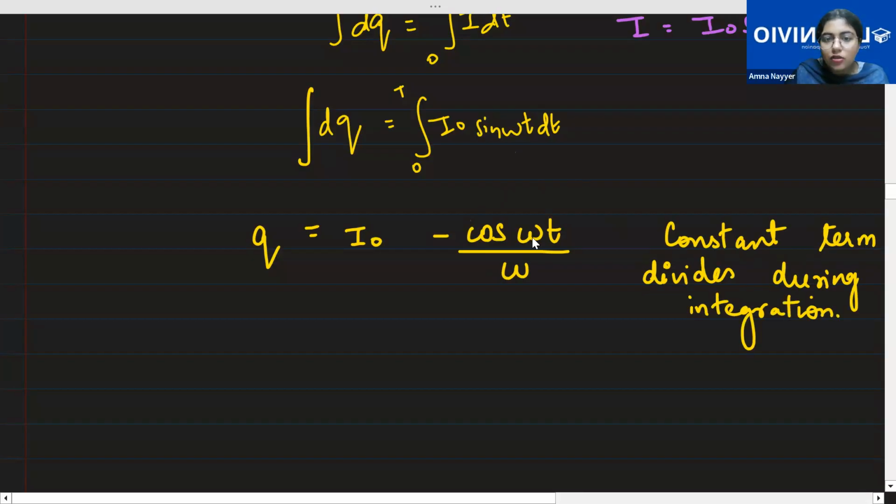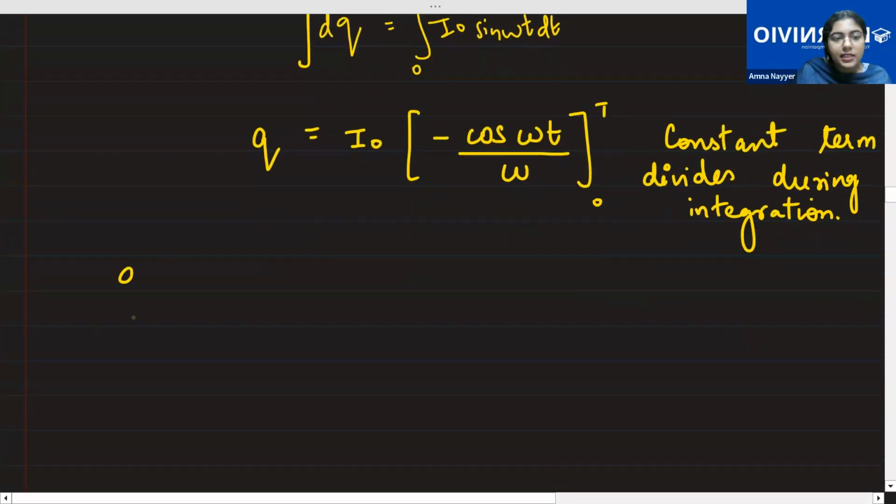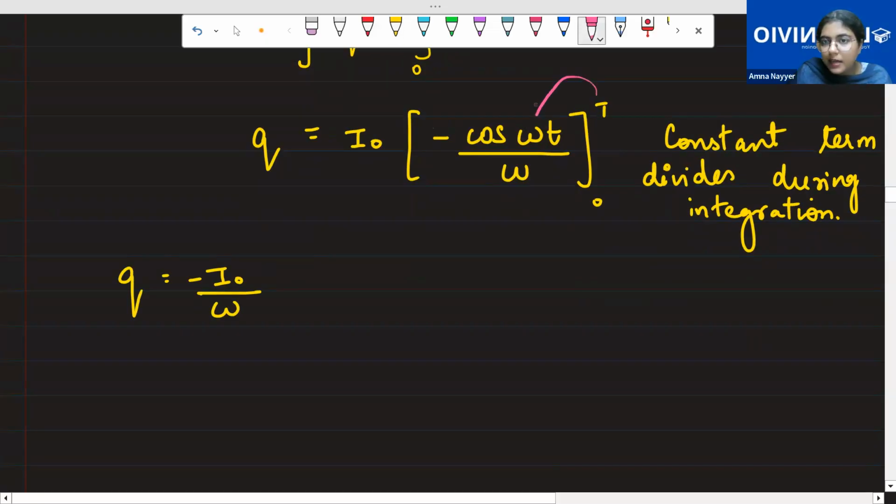Okay, so minus cos omega t, from where? From 0 to capital T, we are integrating. All right. So Q is equal to minus I naught by omega, and let us keep this omega here. Let's put the upper limit first. See, when we integrate, we put the upper limit and then we put the lower limit.